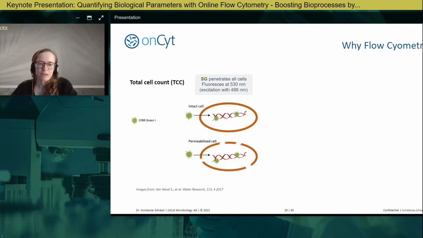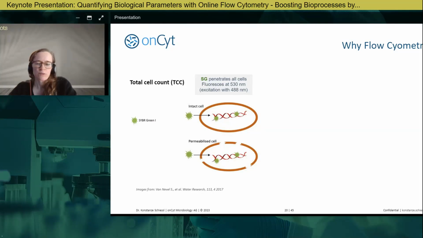And we use different staining methods here. So I wanted to at least introduce one staining method, so you get one example in a bit more depth. For the total cell count, we use a stain called SYBR Green.